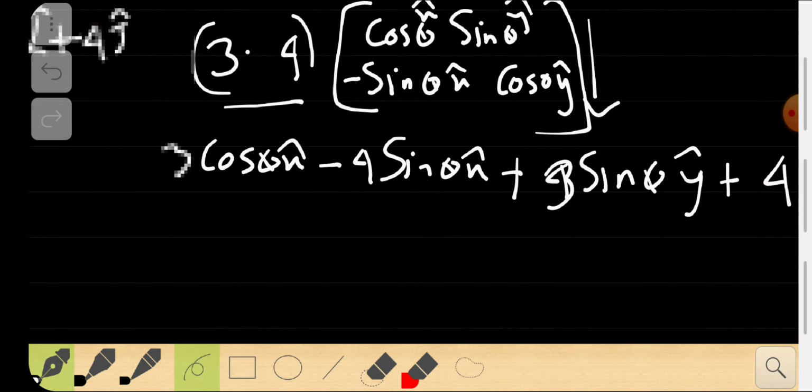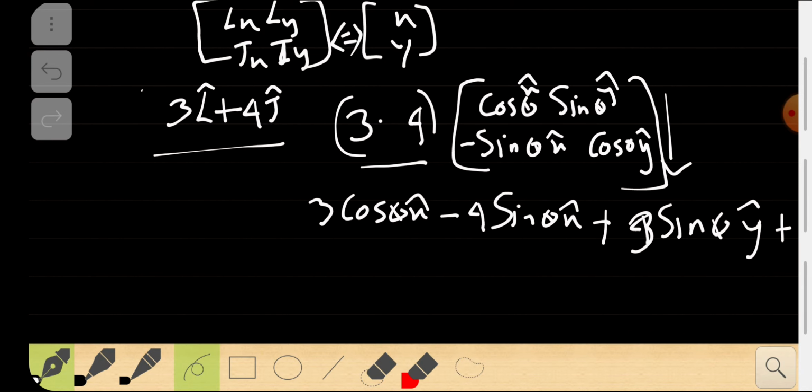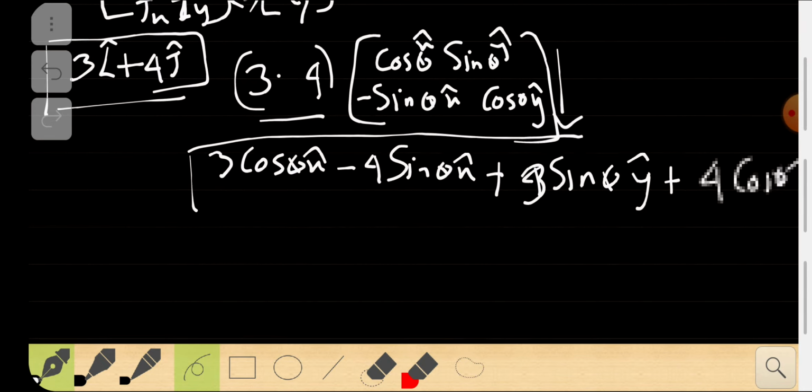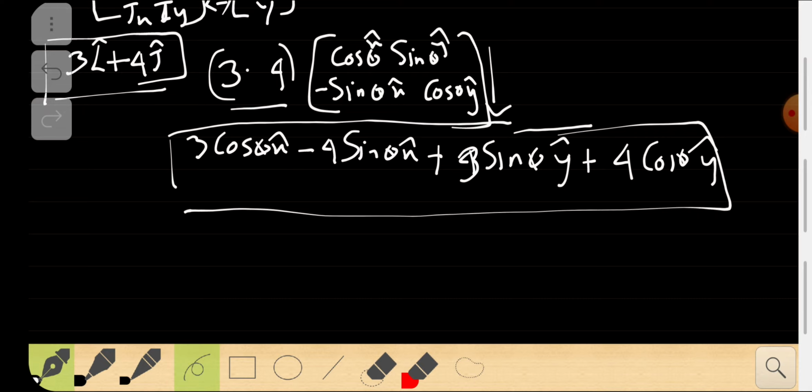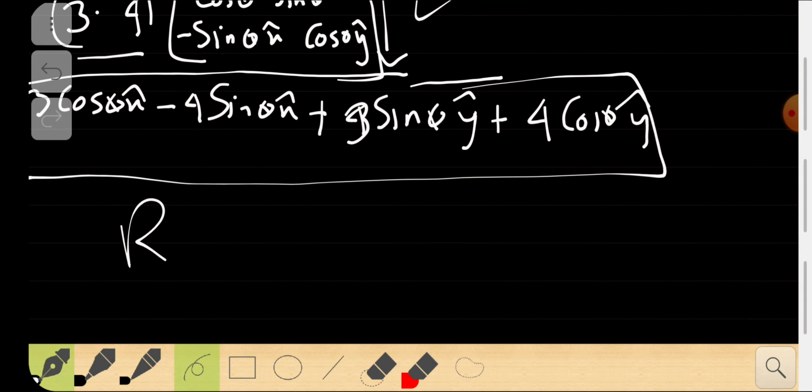So that's the vector 3L and 4J in terms of x and y. So we have transformed 3L and 4J in terms of x and y using just this matrix. Remember, this matrix is called the rotational matrix.